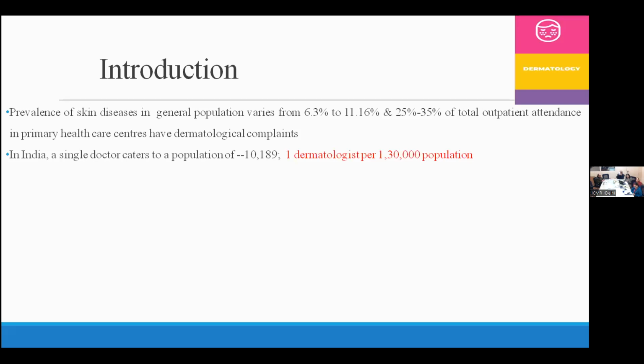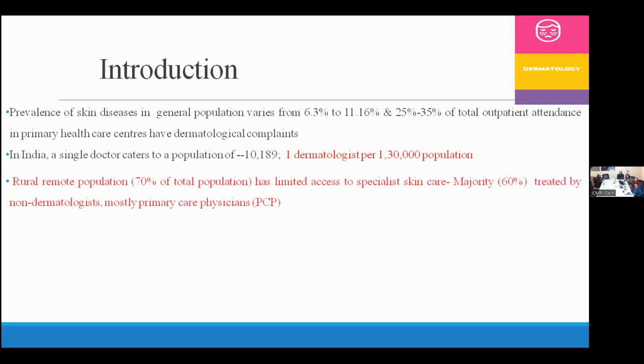The ratio of dermatologists in the general population is 1:1.3 lakhs. And most of our population, almost 1 crore, is in the villages, and only 10% of dermatologists, it is said, are in the villages.